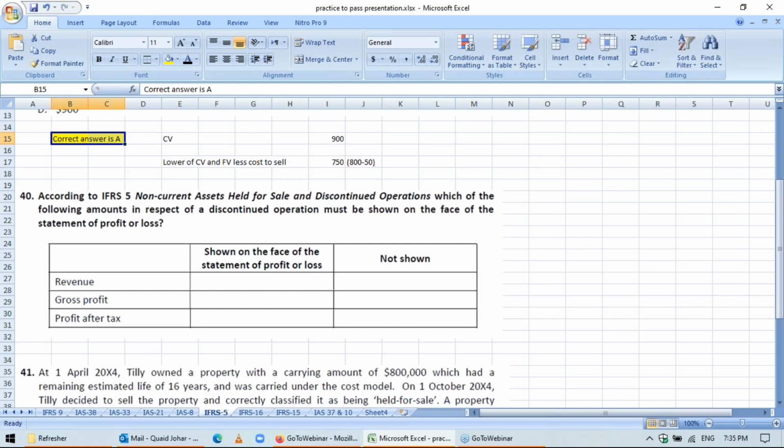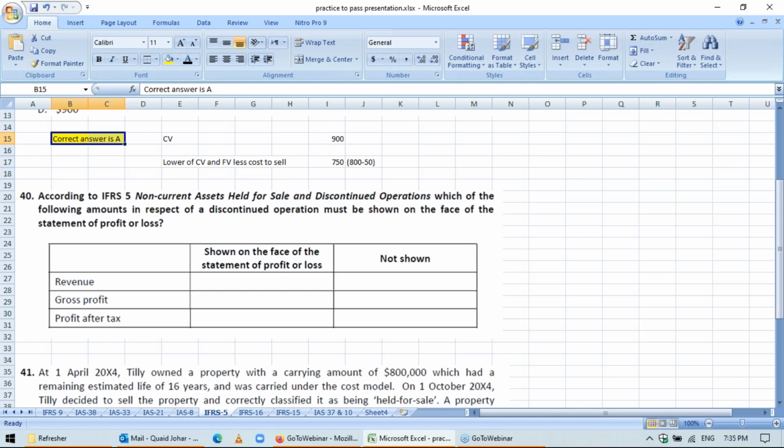So if you decide to discontinue a complete operation, a line of business, what happens then? If you discontinue a line of business, you will report the details of the revenues and expenses separately in a note to the financial statement.